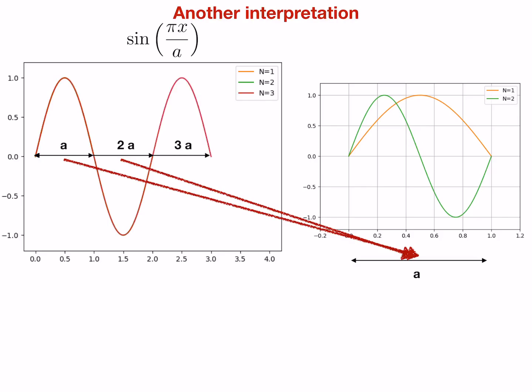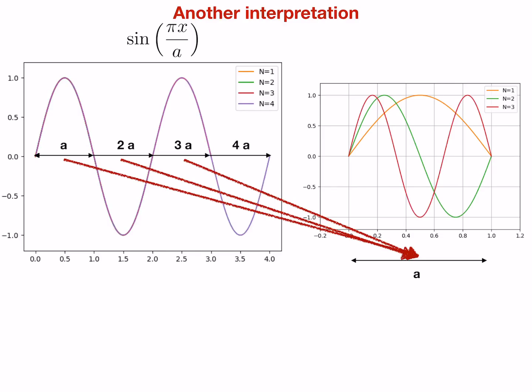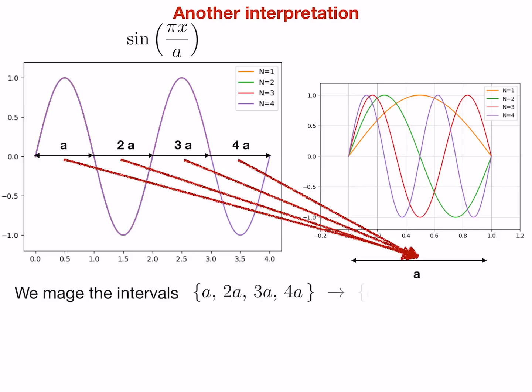Similarly, we can continue for the same function sine pi x by a, and we take 3 half cycles or 1.5 cycles in this case, and then again map, and we continue this process so that the length of the interval is continuously properly mapped to an interval 0 to a, and then we would get the Fourier series in the interval 0 to a.